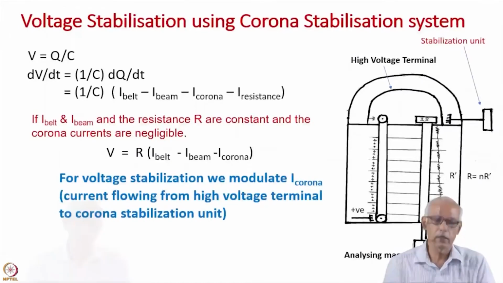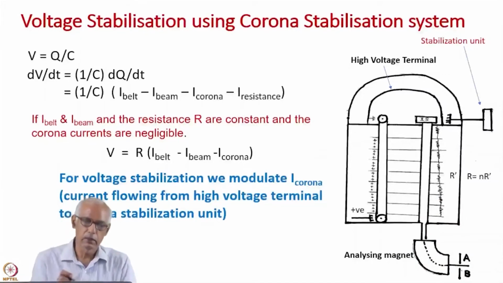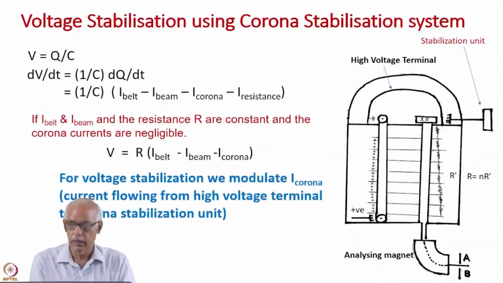Now V is equal to Q by C is the basic formula which we all remember. And this also shows that the voltage V will depend on I belt, which we are supplying, and the current which you are drawing through this, and the corona stabilization.